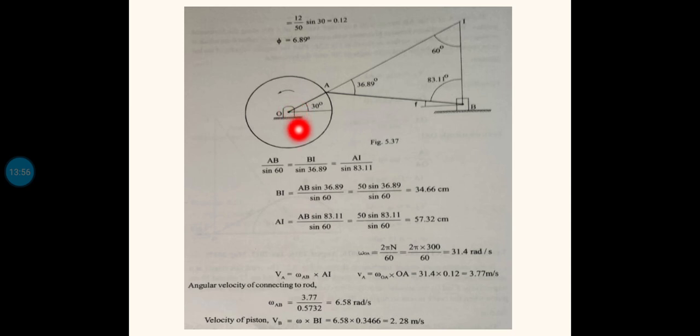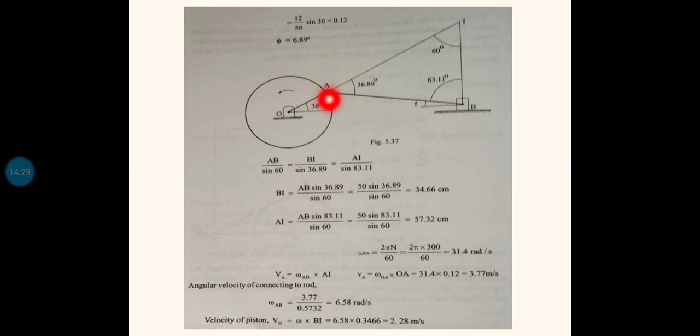See, this link OA is purely rotating about the center always. So as far as this fixed point and this link are considered, the instantaneous center of rotation of this crank is at this point O. So if you are talking about the rotation of the crank, then you have to consider the radius as this value. But you can see that the rod AB is actually rotating about this instantaneous center I. So if you are considering the rod AB, then at point A the radius will be IA, and corresponding to point B the radius of rotation will be IB.